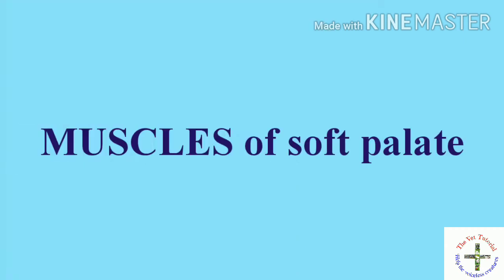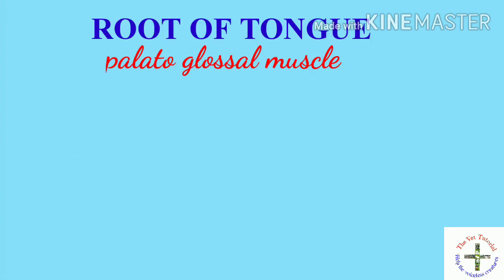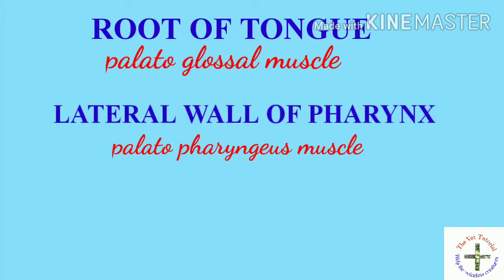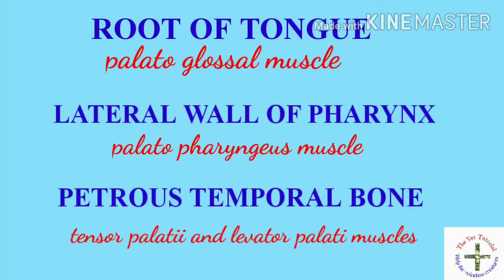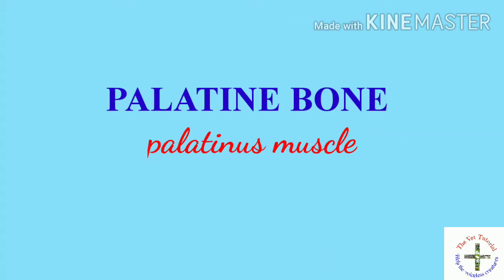First, the muscles which attach the soft palate to the root of the tongue is palatoglossal arch. Then with the lateral wall of the pharynx by palatopharyngeus muscle, and then with the petrous temporal bone by tensor palati and levator palati muscle, and lastly with the palatine bone by palatinus muscle. Here we end the palate.